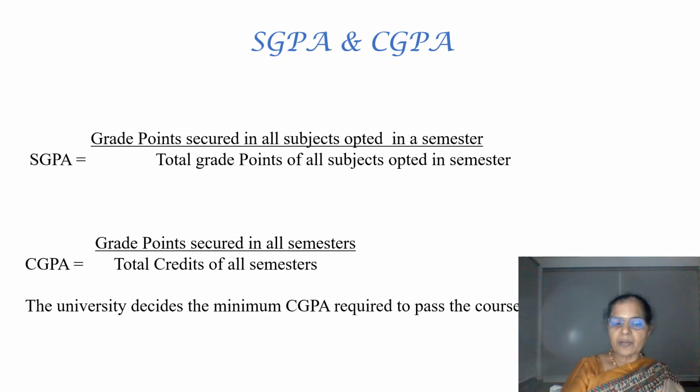The cumulative grade point average is got by adding all the grade points secured in all subjects in all semesters by a student, dividing it by the total number of credits allotted to all the subjects in all semesters. So you get the cumulative grade point average. The university decides the minimum CGPA to award a pass to each student.